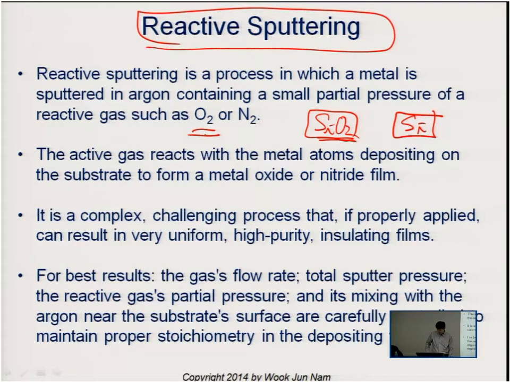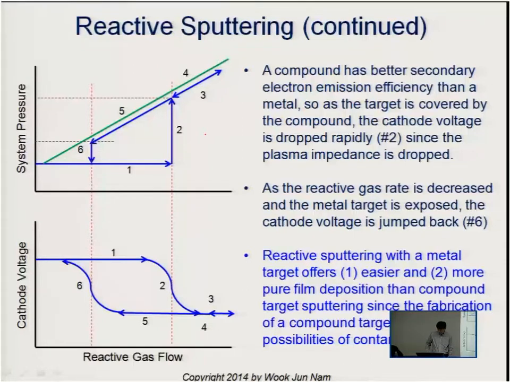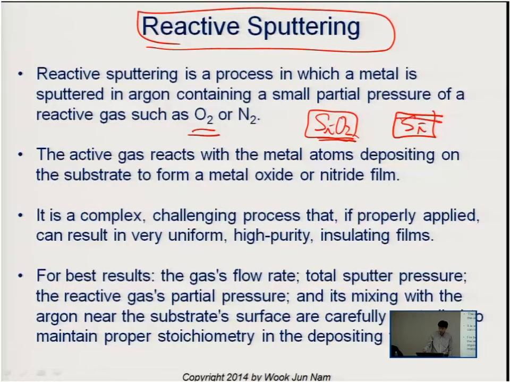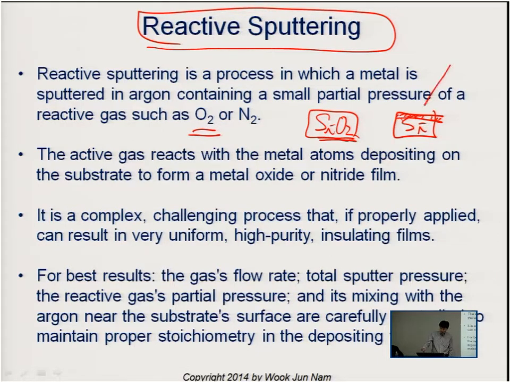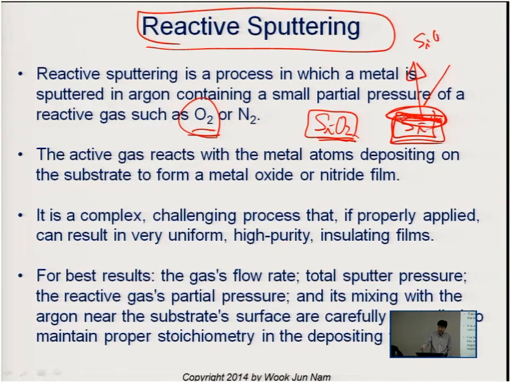The oxygen coats the surface of the silicon target during sputtering, so even though your target is very high purity silicon, what you are depositing is silicon dioxide.